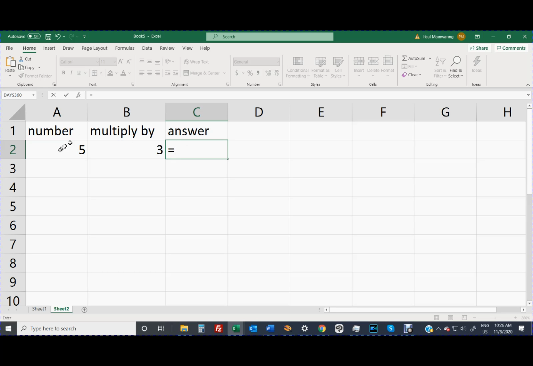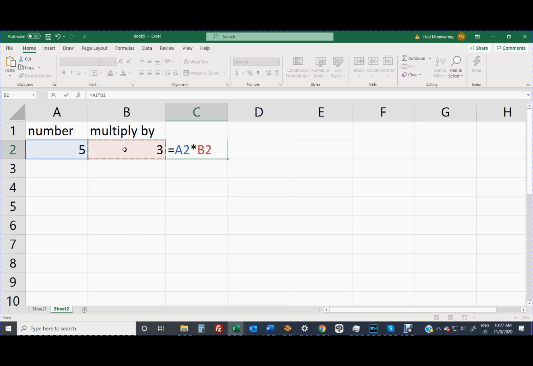It is like any other math. So we're going to take column A, row 2, which happens to be a 5, and we're going to multiply it by, so to multiply, shift 8, column B, row 2.